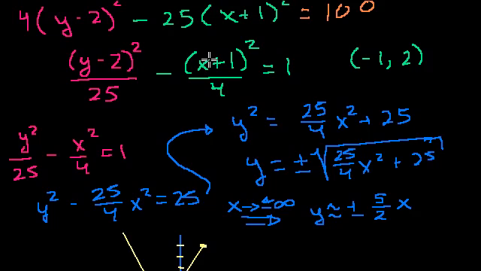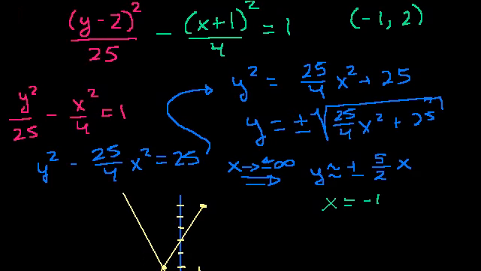So we could say that x could equal negative 1, right? Let's set x equal to negative 1 and see what this expression becomes. I don't want to lose it, so I'll write it right there.